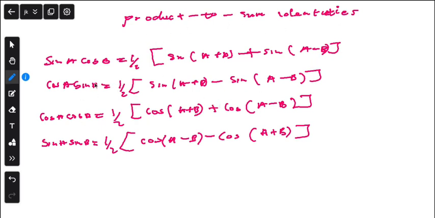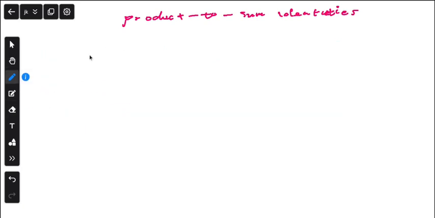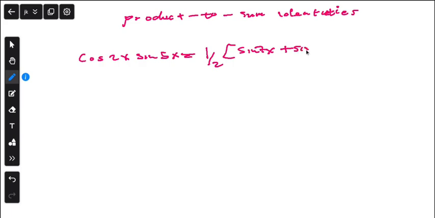Now what is the application? You need to know what the application is. So let me just give you one example. Let's say you have been told to verify that cos 2x sine 5x is equal to half, then open bracket, sine 7x plus sine 3x.